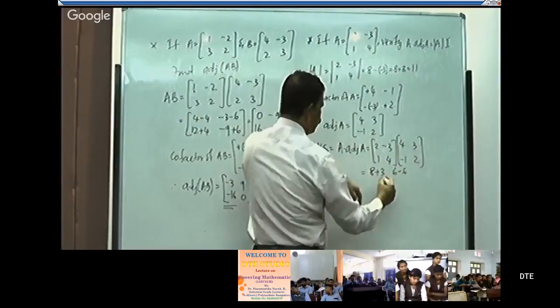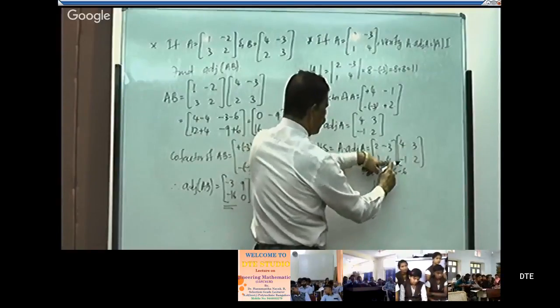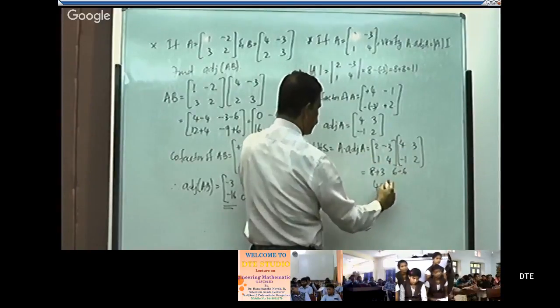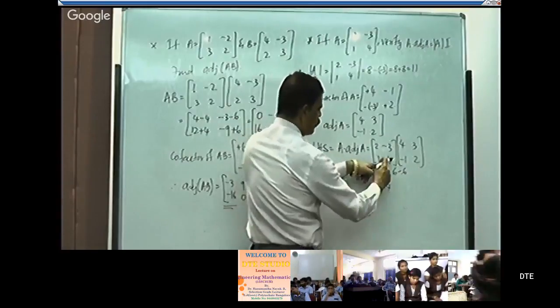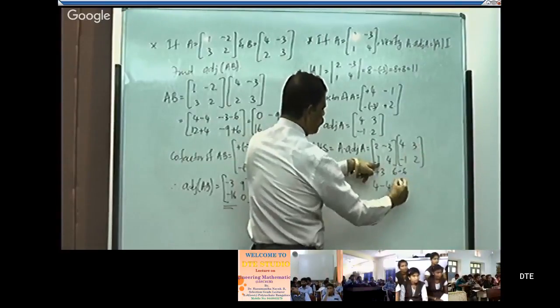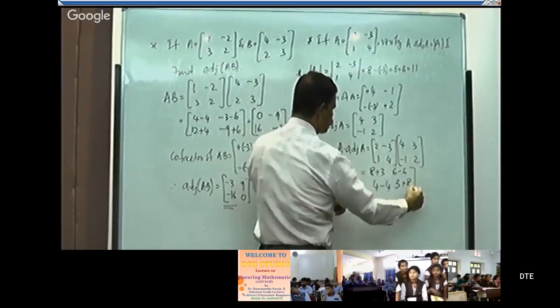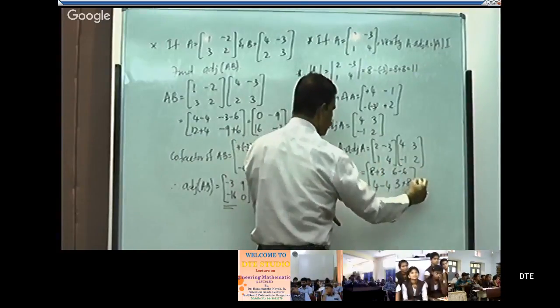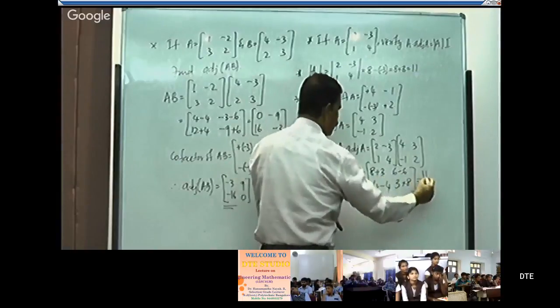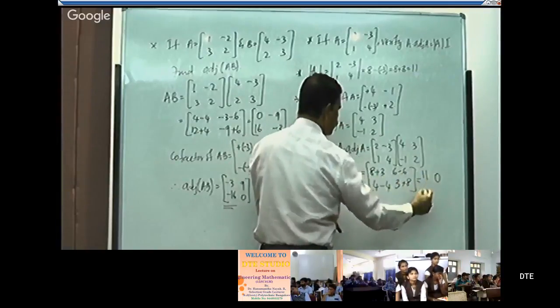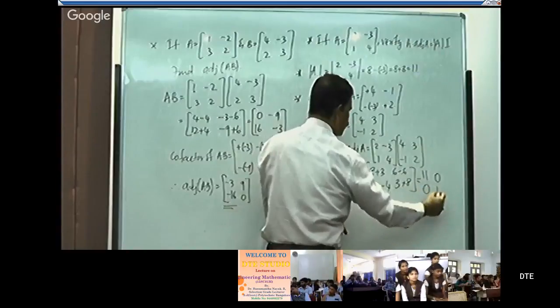Second row, first column: 1 into 4 is 4, next, 4 into -1 is -4. Second row, second column: 1 into 3 is 3, plus 4 into 2 is 8. What is answer? It is 8 plus 3, 11; 6 minus 6, 0; 0; 8 plus 3 is 11.